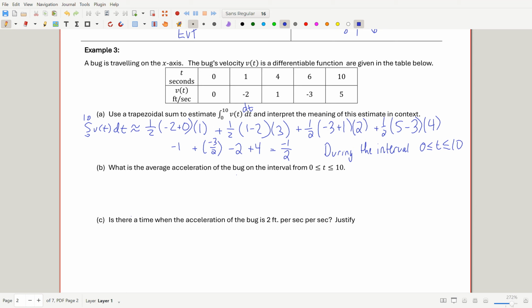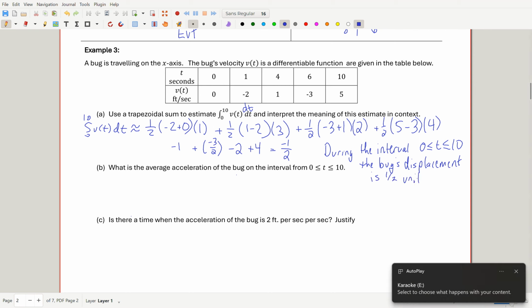What did the bug do? You said displacement, so we'll say the bug's displacement. I already don't like what I have written here. 1/2 unit to the left. I actually might say from the time t equals 0 to t equals 10.